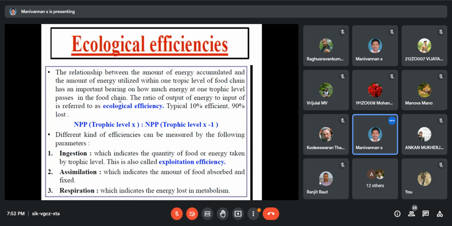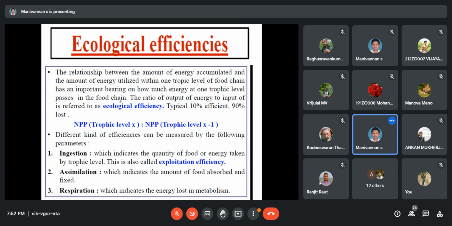It is the ratio between the input and the output of energy. Typically there is 10% efficiency and 90% is lost. At each trophic level you take up only 10% of the energy, and the remaining 90% is lost.